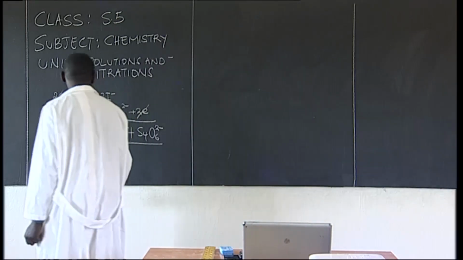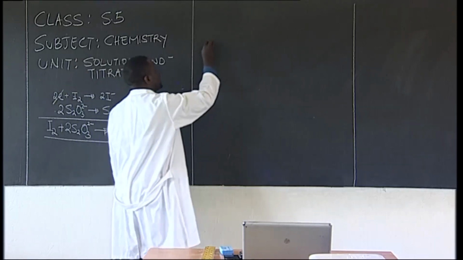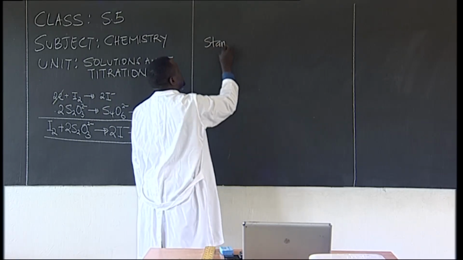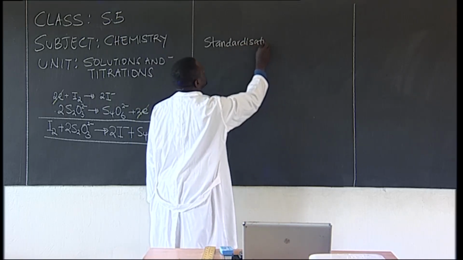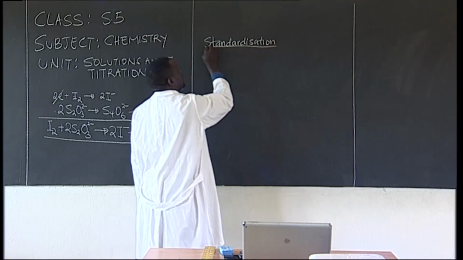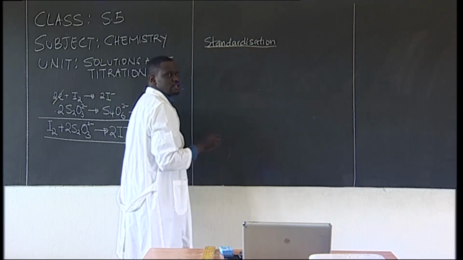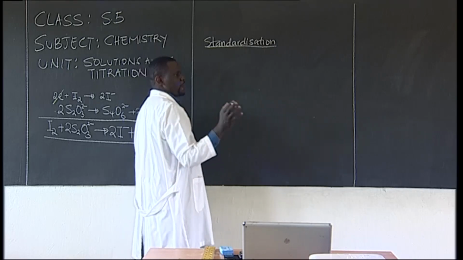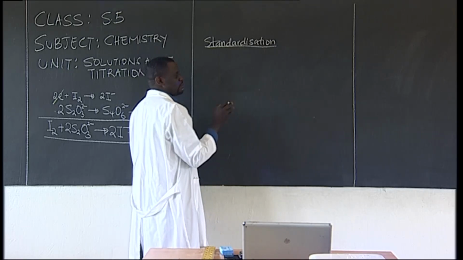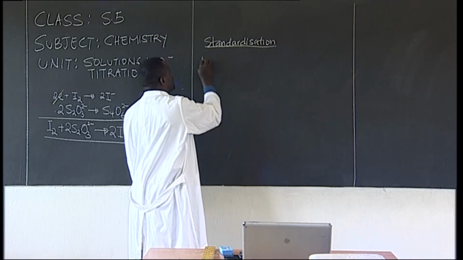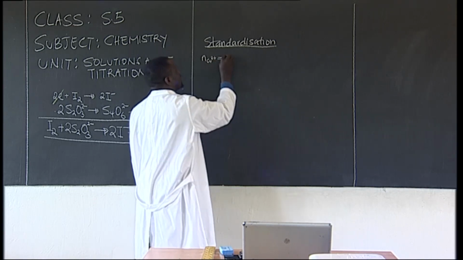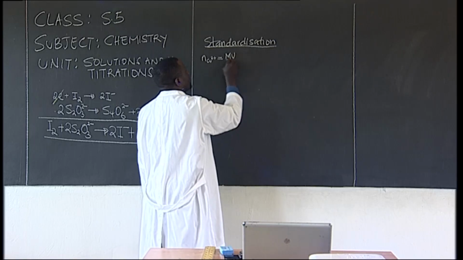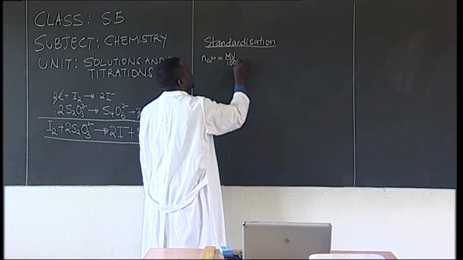Our first thing we are going to talk about today is standardization of solutions. We begin with copper sulfate because we have the moles and the volume. Moles of copper 2 will equal molarity times volume over 1,000, or we can use MV.